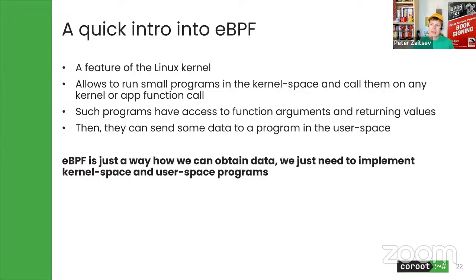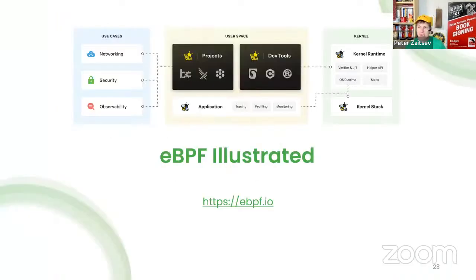Okay, so that is how eBPF works. Now, if you're looking to get more details about eBPF, I would encourage you to check out the eBPF.io website. It's actually a very, very cool website, in my opinion, and the team has done a fantastic job explaining how eBPF works and various use cases and programs. But if you just want a very brief view, you can see there is a user space and a kernel space.